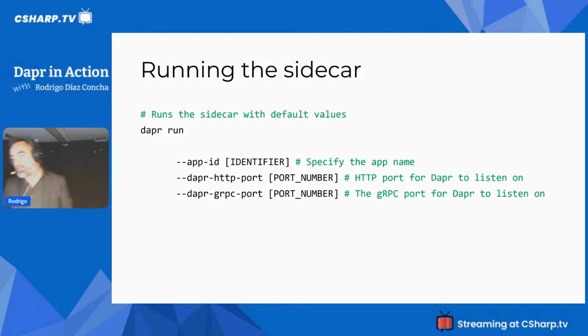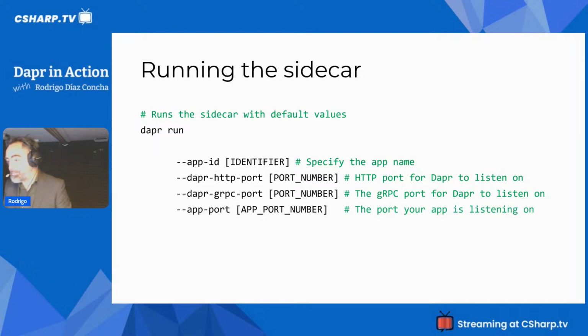In other words, the port number where the Dapr sidecar is going to expose the API for the HTTP protocol. And there's a gRPC port for exposing the API through that particular technology.